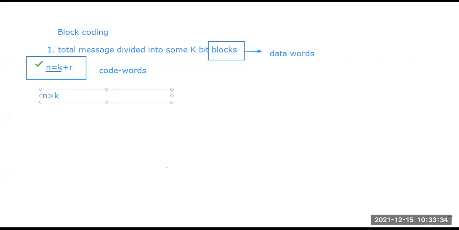The code word is what we are going to send, and when it gets transmitted, it will help us identify the error bits, or detect if there is any type of problem.